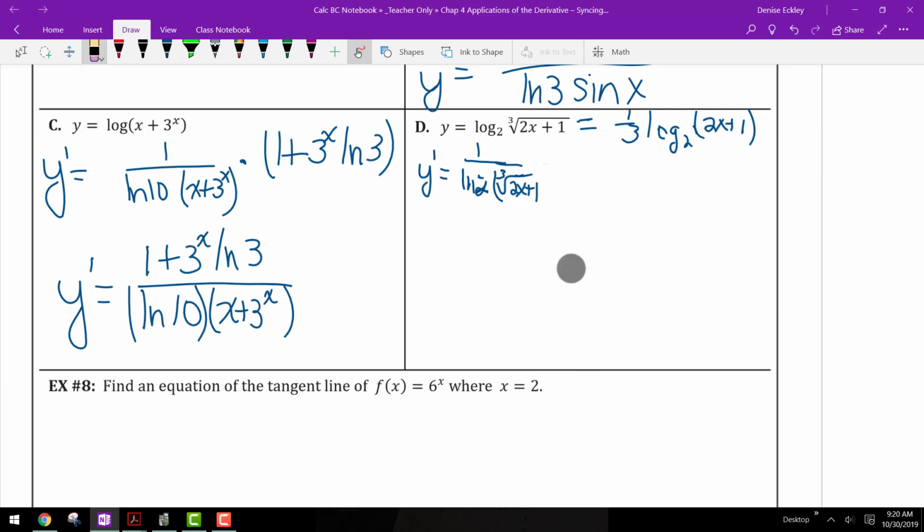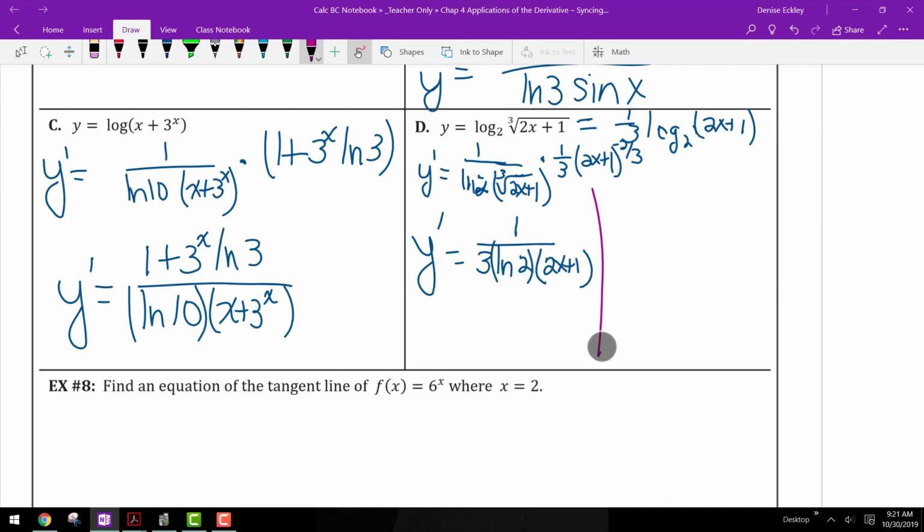So y prime becomes 1 over, the 3 comes down, we still have our ln of 2, and now we have a 2/3 and a 1/3. So we're just going to have the 2x plus 1 there. Okay, so that's one way to do it.